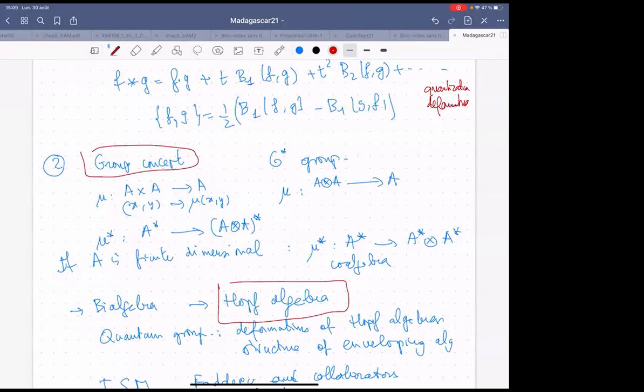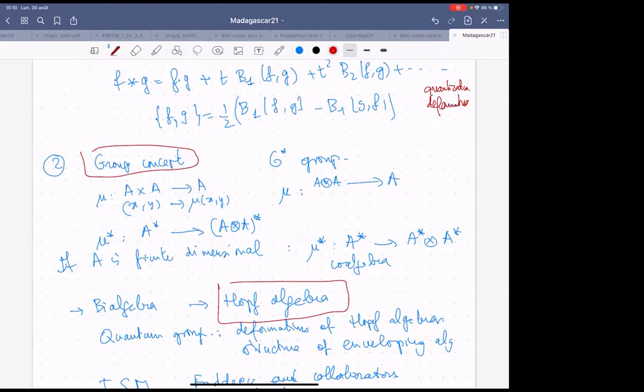And when you do that for an enveloping algebra, which is an associative algebra associated to a Lie algebra, we may talk about that in my next lecture, and then we have deformations of the classical algebra structure of an enveloping algebra. We have a very easy Hopf algebra structure on any enveloping algebra, and our objective is to deform this. When you deform that, you get what we call a quantum group.